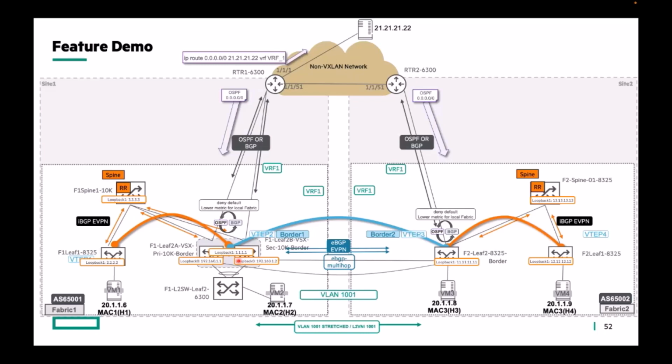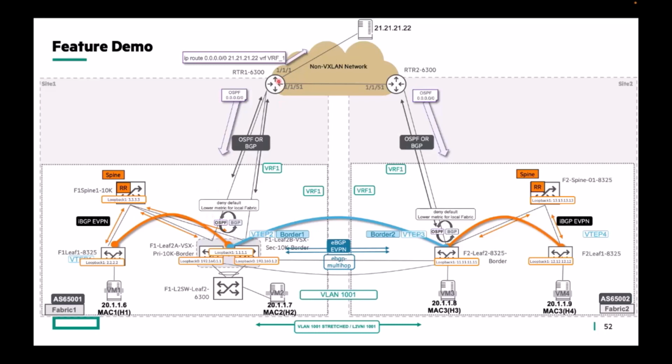Now, coming to the interesting part, I'm using OSPF, though you can use BGP also. On the upstream from border VTEP, I have two links from fabric 1 going to a router here. I have my own router sending an OSPF default route to the border VTEP as we discussed.